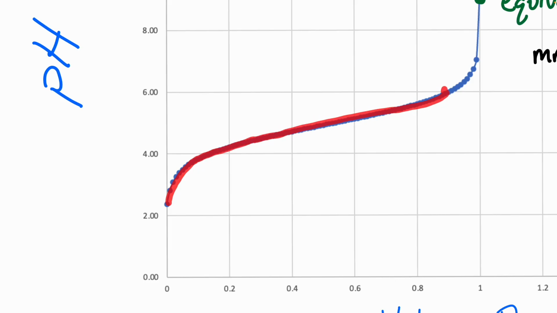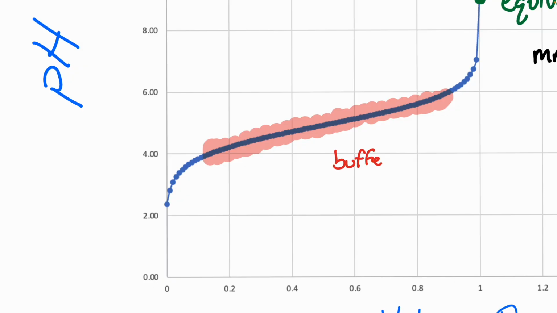All right, so why is that? Why do I have a big jump at the beginning and then we get this part here? All right, so remember what it means to be a buffer. If this is my buffer region, that's because I'm adding base, but my pH is not changing very much, right? My buffer region buffers, resists pH changes.